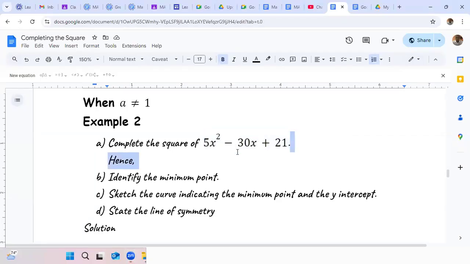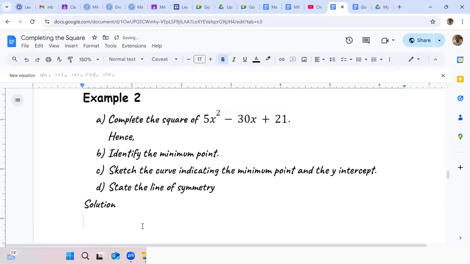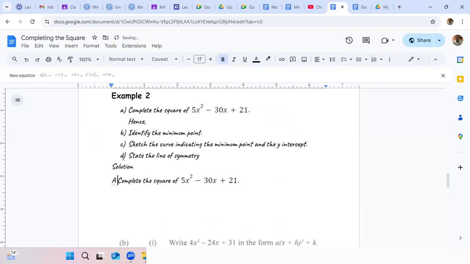So first and foremost, we've got to make a equal to 1. And we've got to do this in such a way that it does not undermine the integrity of the expression.